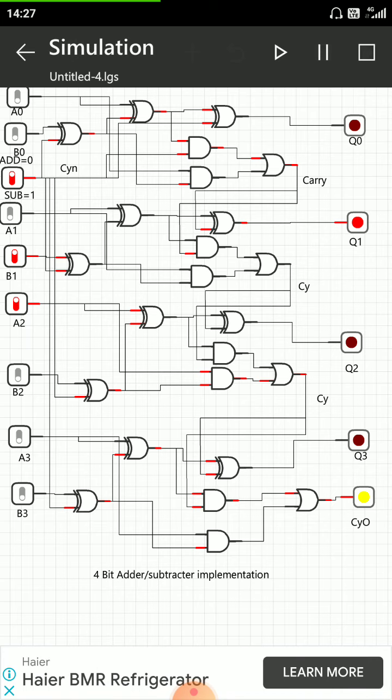So just input the numbers. The first number is 2, that is 0 0 1 0, means our A1 will be high and the rest of A0, A2, A3 will be 0. And for the second number to be 4, what does it mean? B2 must be high and the rest must be 0, and subtraction is there.